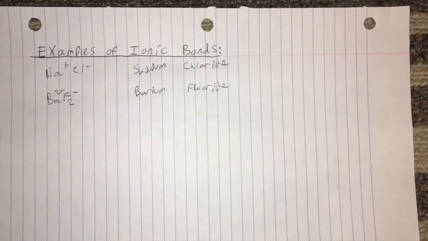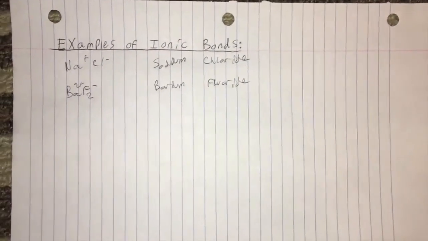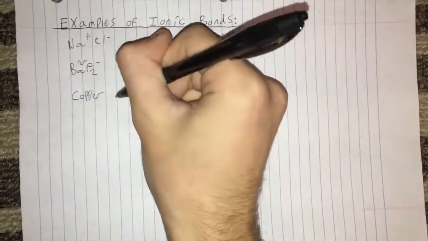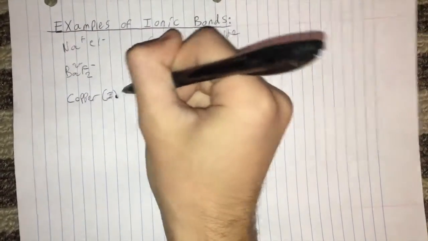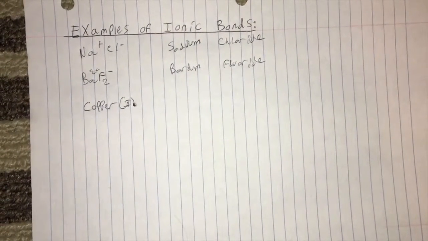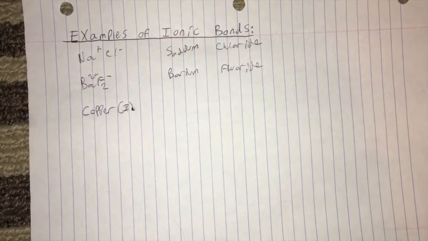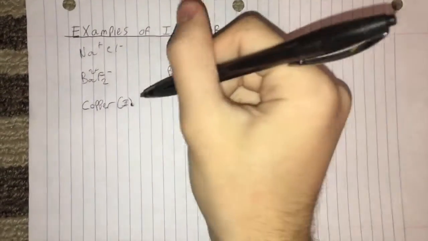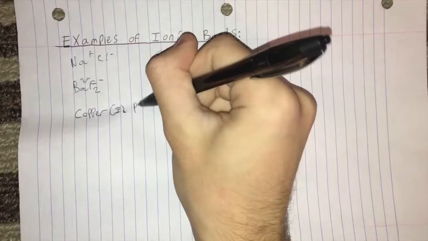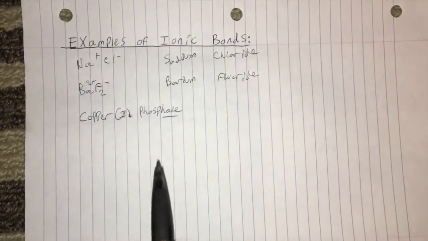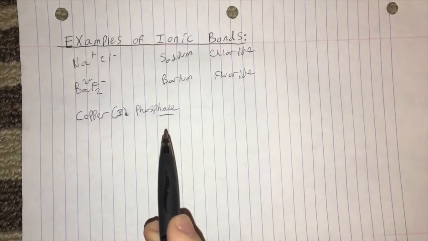In this last example, we're going to actually look at the chemical name first. So in this example, we're going to use copper with the Roman numeral 2. Now, copper in this case, we know is going to have a 2 plus charge because the Roman numeral represents its charge. Then we have phosphate. And because it ends in "ate," we know that this is going to be a polyatomic ion.